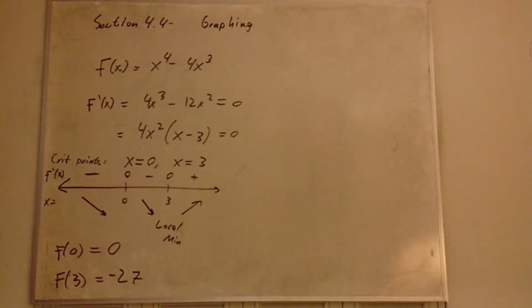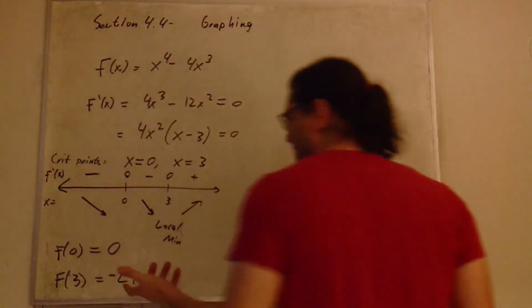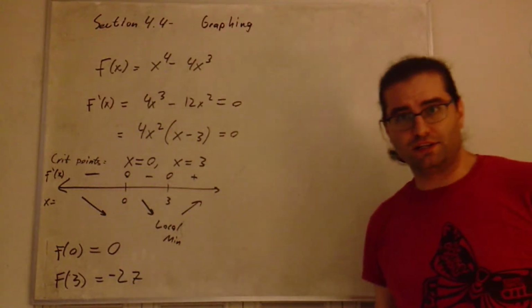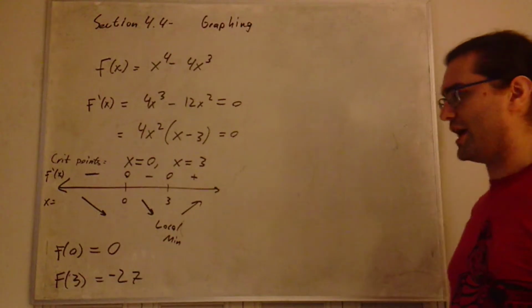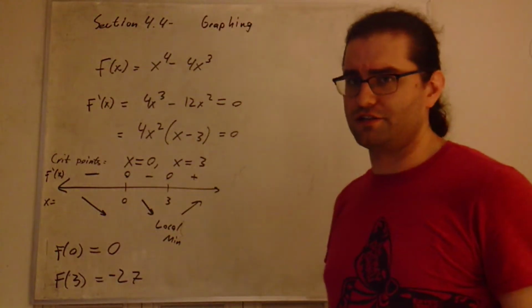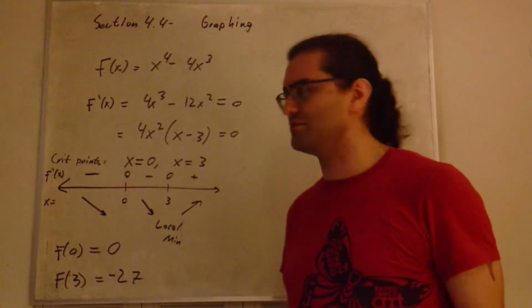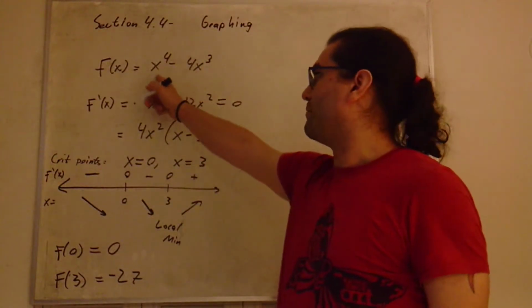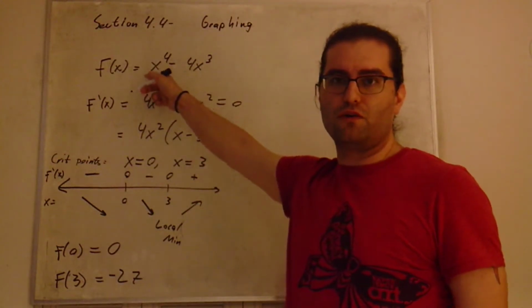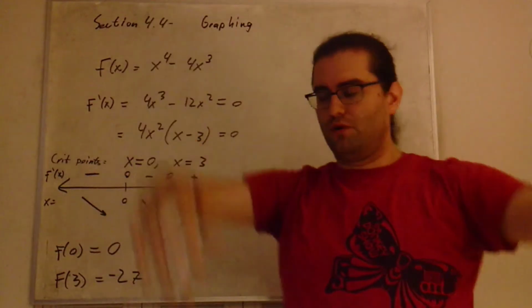These are the 2 points I have, and believe it or not, these are the only 2 points I need. Although I should also consider the end behavior. That hasn't changed since pre-calculus. We have a positive even degree polynomial, so the end behavior here is going to be a field goal.